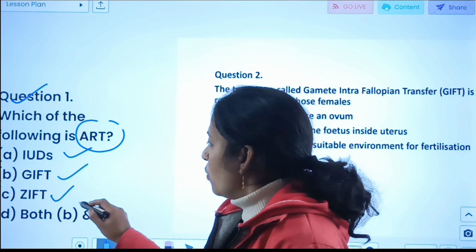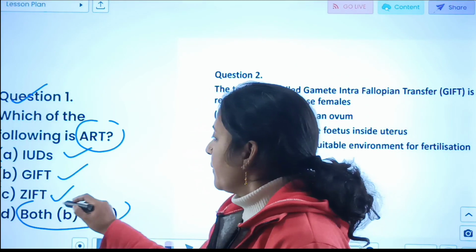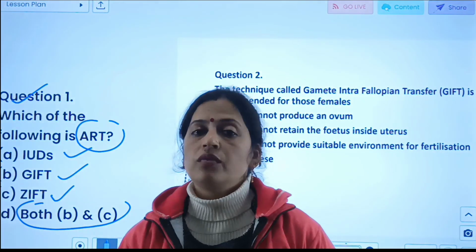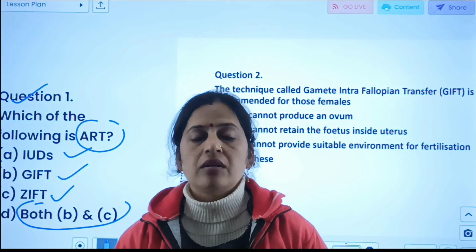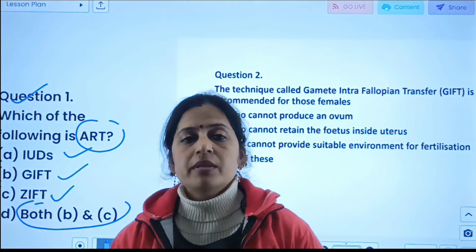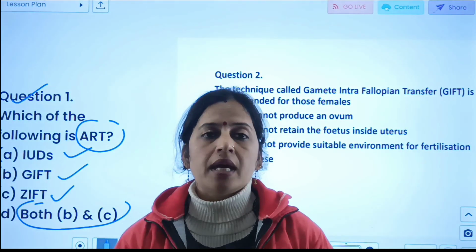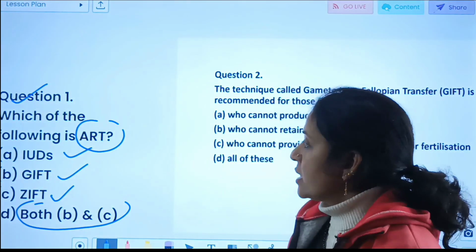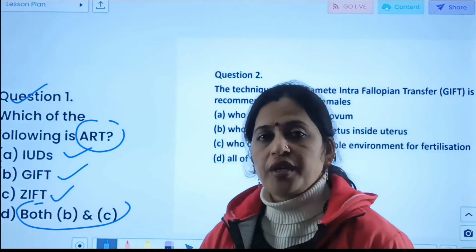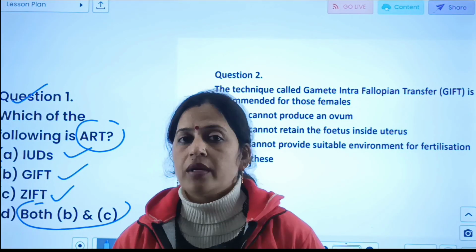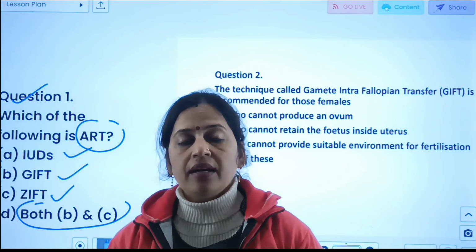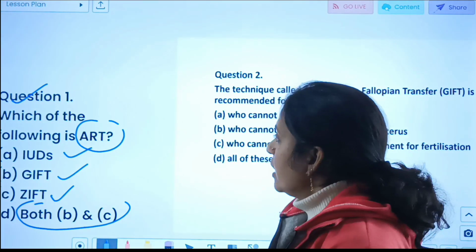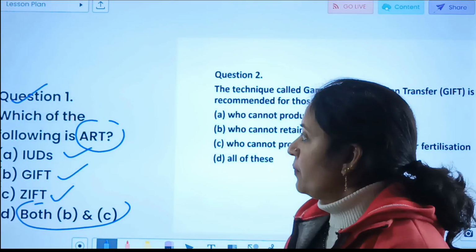And the last one is both B and C. इनमें से कौन ऐसा है जो कि असिस्टेड रिप्रोडक्टिव टेक्नोलॉजी को बिलोंग करता है। ऑप्शंस दिए गए हैं आपके पास: IUDs, GIFT, ZIFT as well as both GIFT and ZIFT. So you have to find out the right answer for question number 1.